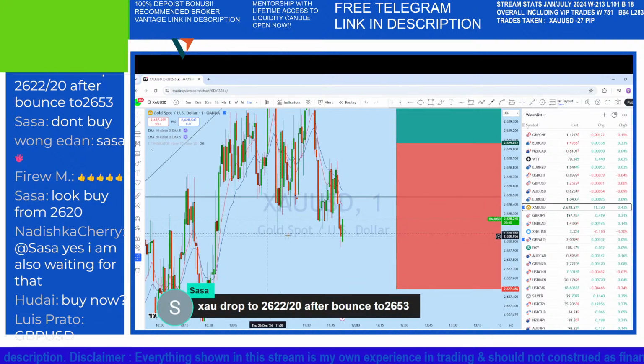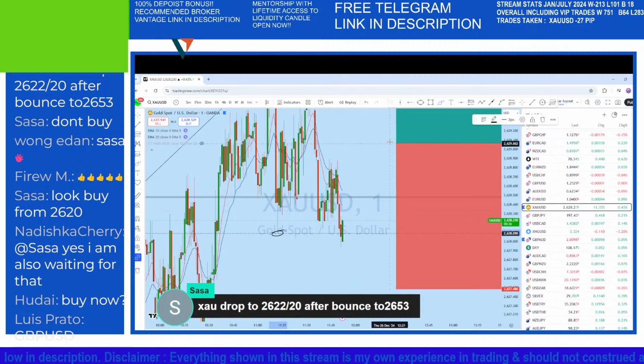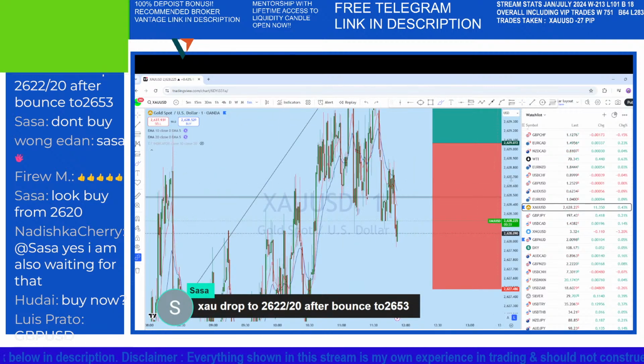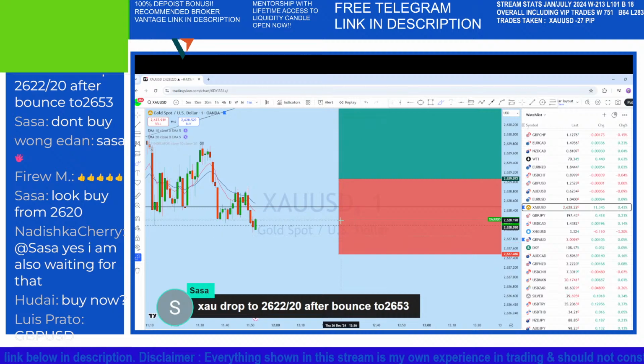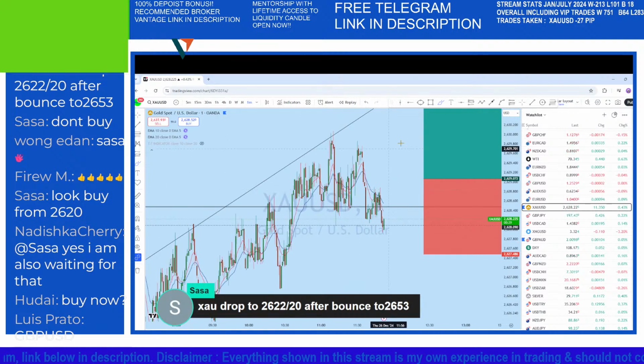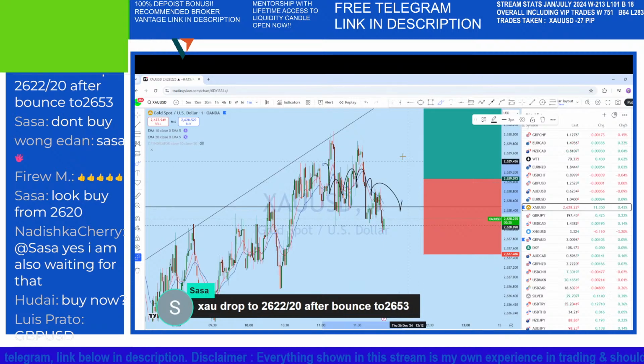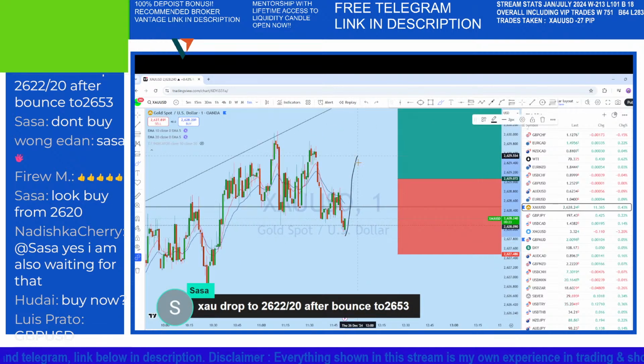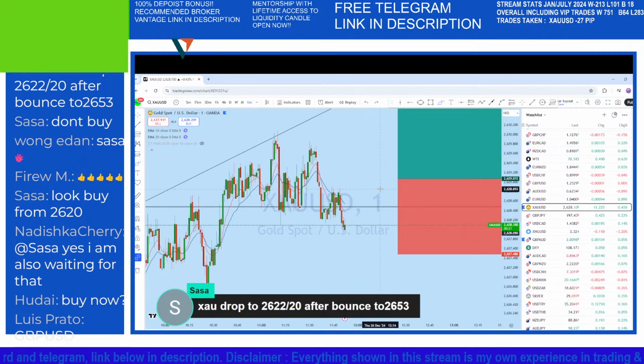Now it broke the previous support level here. At this point, see if it wants to trend in the direction after this multiple consolidation, or it's going to break out again here.